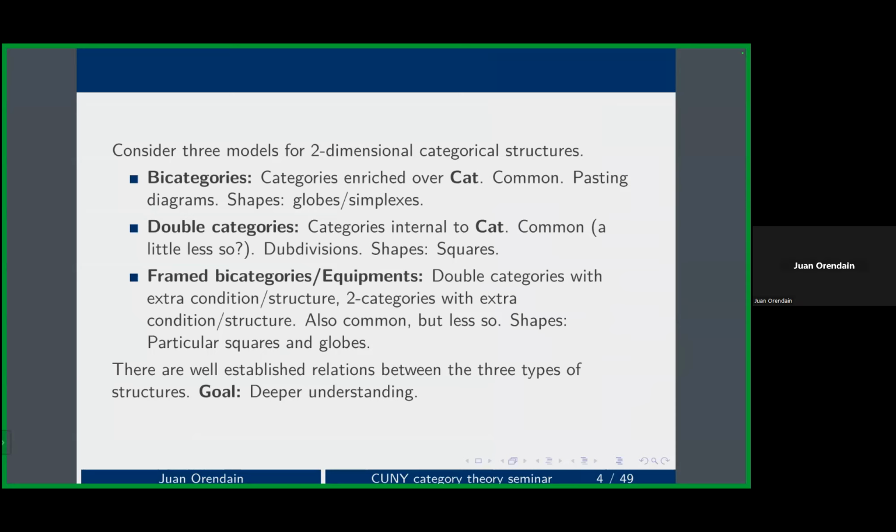I don't know how to think of a double category as a type of bicategory. Yeah, I'll explain that in a second. Basically, the idea is that the shape of a 2-cell in a double category is a square, but a type of square where you have a canonical square, a Cartesian square, and a globular square.